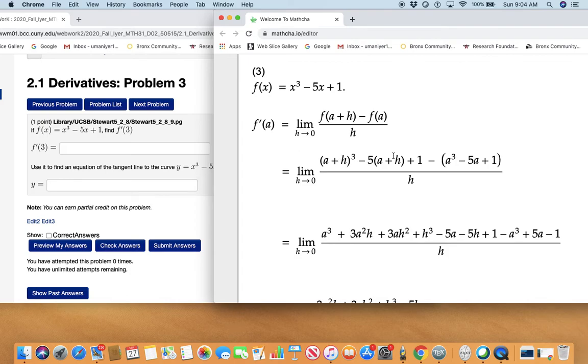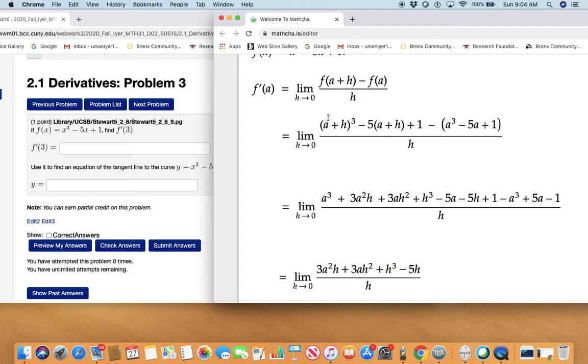Don't forget parentheses. So this opens up: a cubed plus 3a squared h plus 3ah squared plus h cubed. That's the expansion. Minus 5a minus 5h plus 1, minus a cubed plus 5a minus 1, the whole over h.